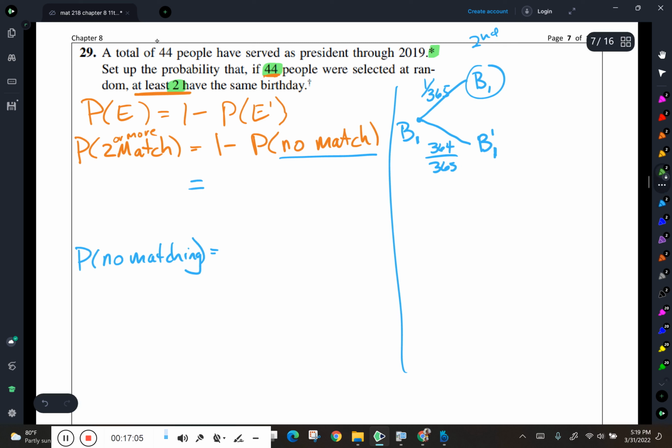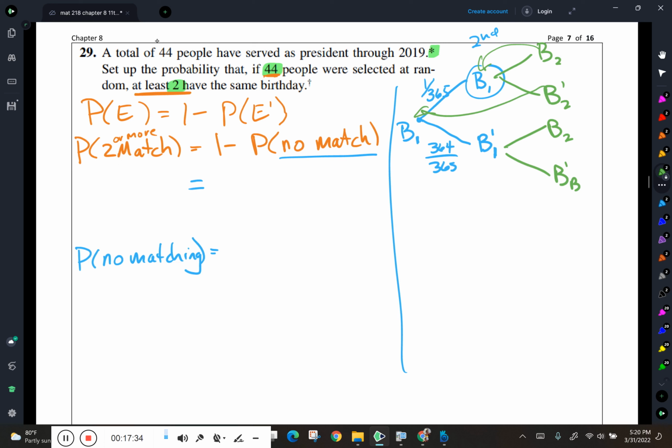Let's say a third person enters the room. Well, there are chances that this person's birthday could match that person's birthday, or could match that person's birthday, and I don't know how to assign probabilities to these branches up here, because each of these would require that it match maybe the first person or maybe the second person.